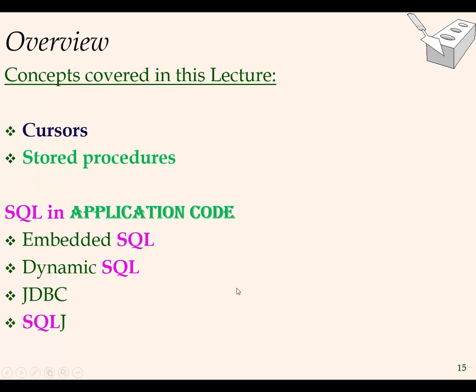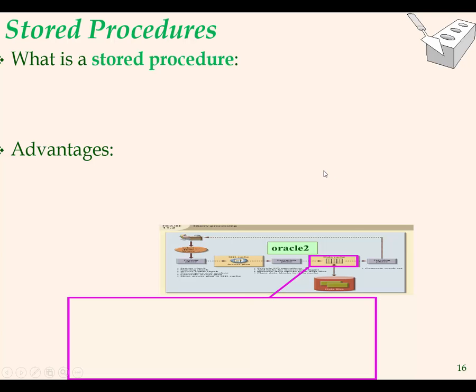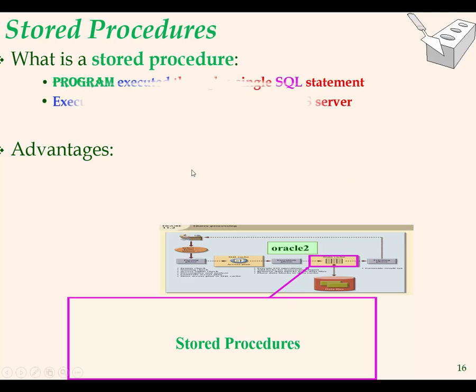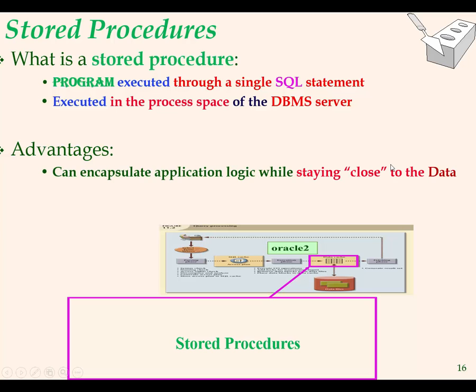Let's look at stored procedures. So actually I can write code. If this is the DBMS, the stored procedure is code that runs inside the DBMS. So we'll look at some examples. The advantage is, if you look at the cursor, to bring one tuple at a time into your application is very time consuming. So why not actually execute the code where the actual data resides?